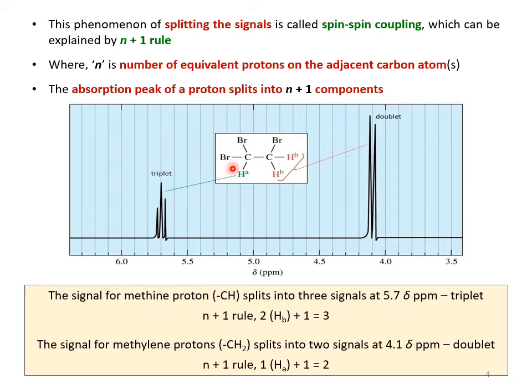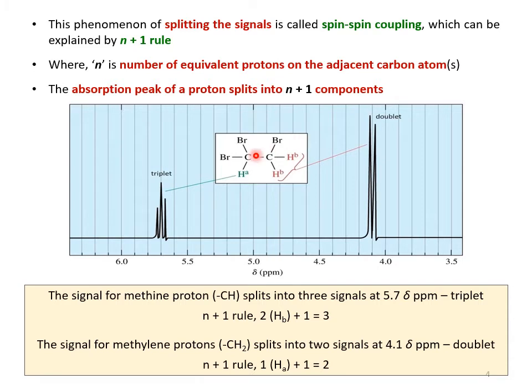So this splitting of the signals can be understood by putting the n plus 1 rule, where n is the number of protons present on the adjacent carbon atoms. So here you can see this methine signal has split into 3 signals.